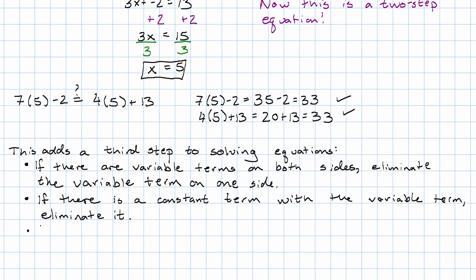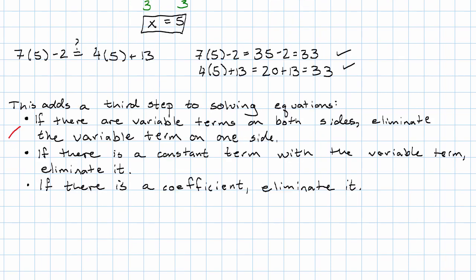And then our third step is, if there's a coefficient, eliminate it. In our first example, we did not use the shortcut for the additive property in writing that first step. Let's see another example where we do use the shortcut.